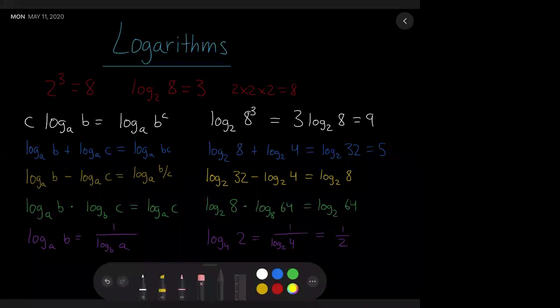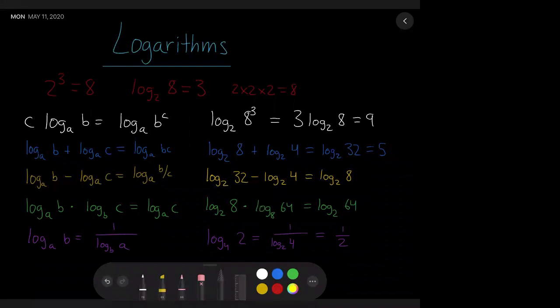Next property does involve something with different bases. That's if you have log base a of b times log base b of c, it is going to equal log base a of c. Let's look at an example to show what this means. What if you want to find log base 2 of 8 times log base 8 of 64? What would that equal? Well, if you look at this, over here we have an 8, over here we have an 8.